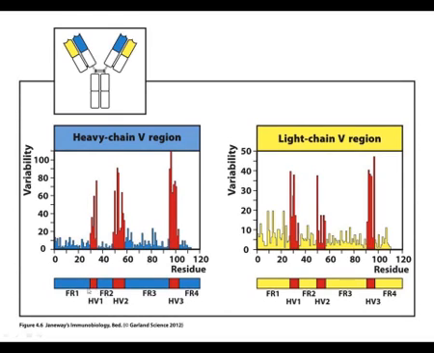We call these highly variable regions 1, 2, and 3. They're also known as complementarity determining regions, or CDR 1, 2, and 3. And the one that is particularly variable is hypervariable region 3, or CDR3. That is something I would definitely remember.